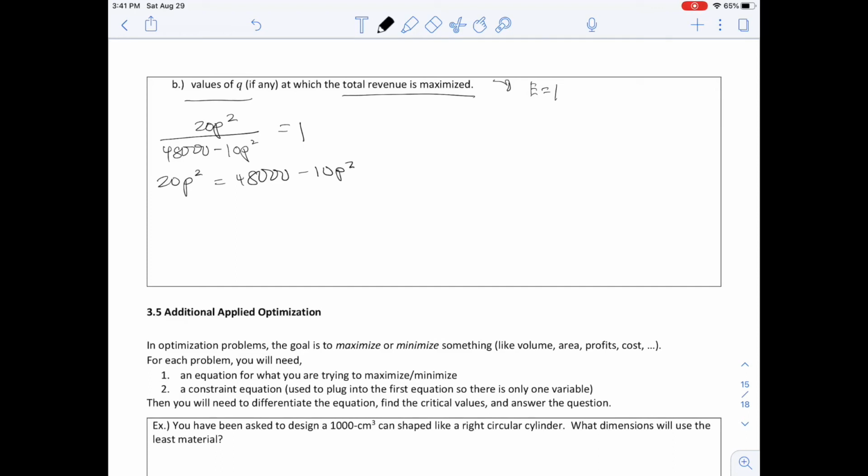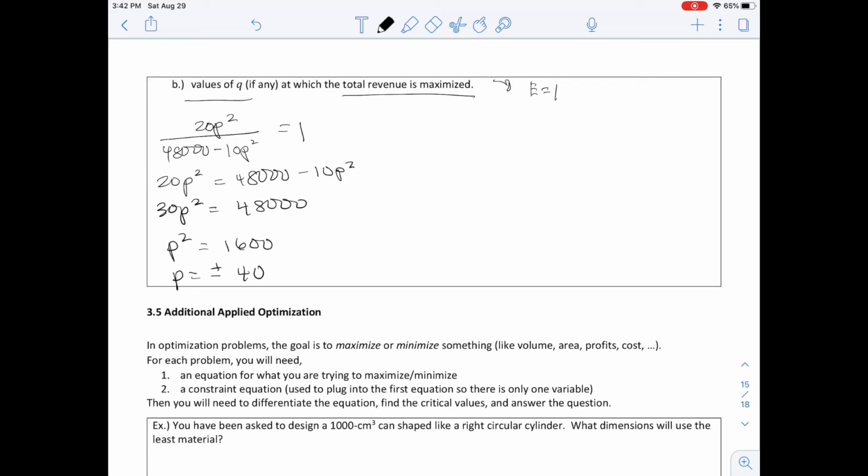I'm going to combine my p squareds together, and I have 30p squared is equal to 48,000. Divided by 30, we have p squared equals 1,600. Taking a square root, we get plus or minus 40.